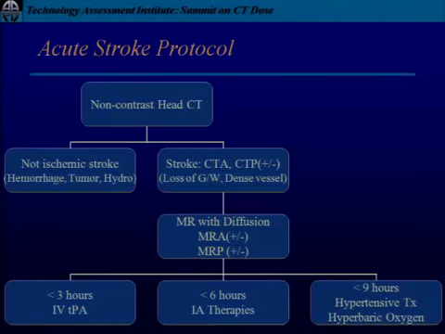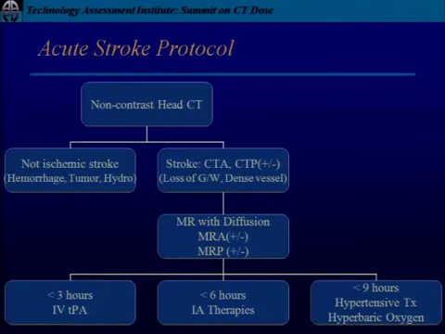Okay. Then they move on to the MRI side, where if they can get an MR, we'll do a diffusion-weighted MR sequence. In certain patients, if CTA has been done, we'll typically not do the MRA, and if the patient is MR compatible, we'll do an MR perfusion. Okay. And using all this data, then we triage the patient. If the patient is within 3 hours, we'll give IV TPA.